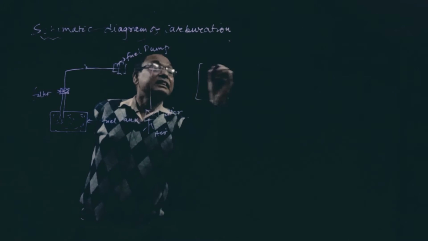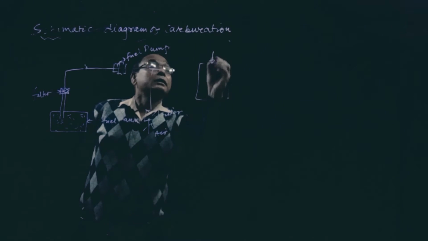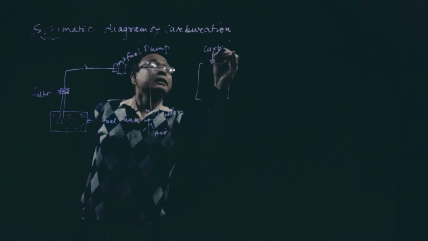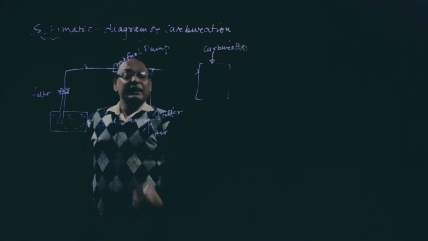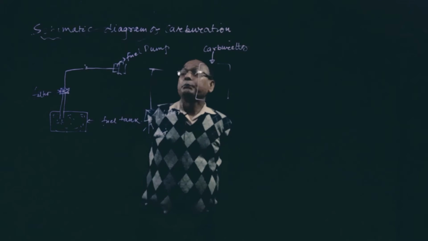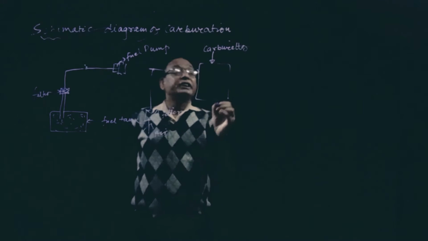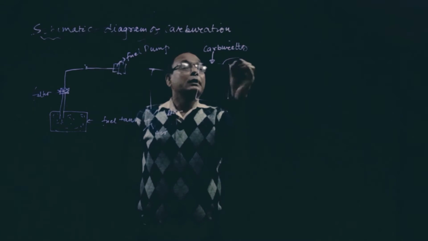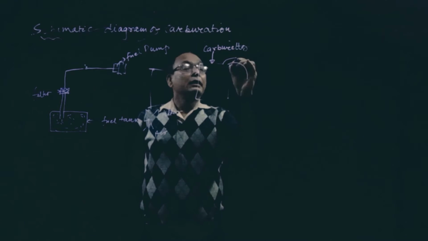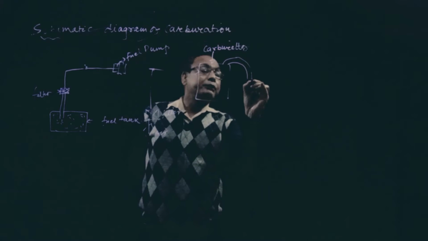This is carburetor. Okay. So this is carburetor. That means here air as well as fuel comes into the carburation. From here, that is called intake manifold.